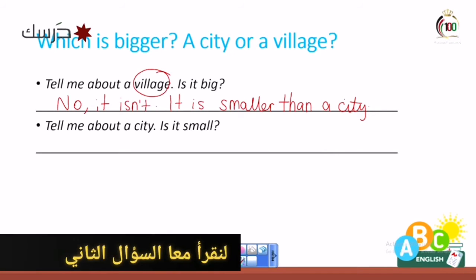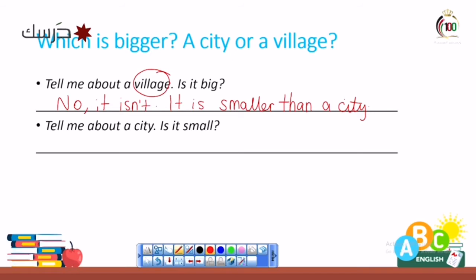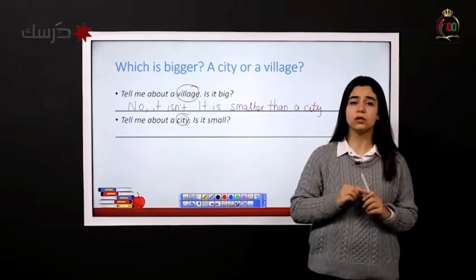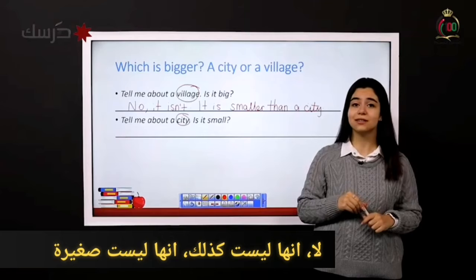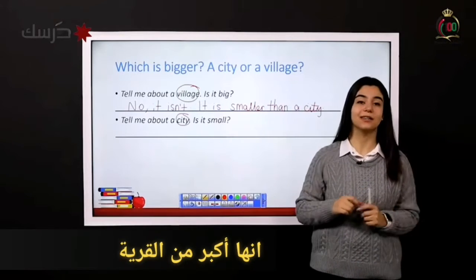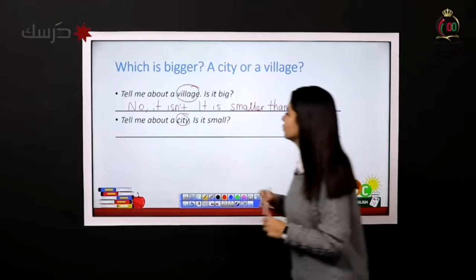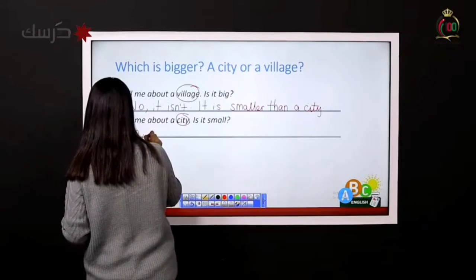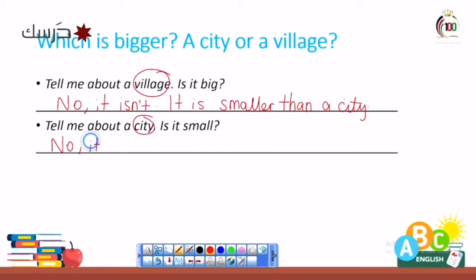Now, let's read the second question. Tell me about a city. Is the city small? No, it isn't. A city isn't small. It is bigger than the village. So we are going to say also over here, no, it isn't.